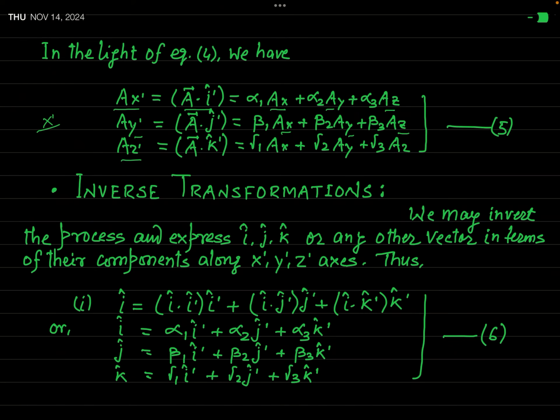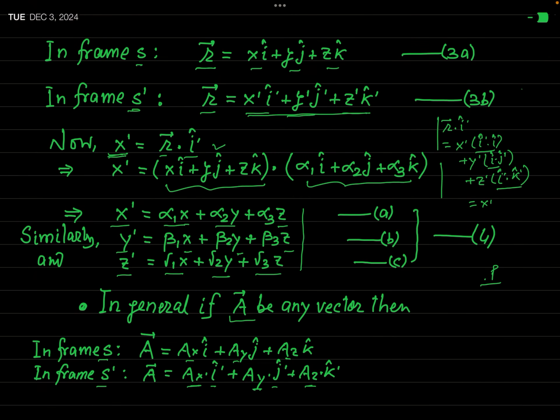Similarly, Az dashed will be equal to A dot K dashed, and that is equal to gamma 1 Ax plus gamma 2 Ay plus gamma 3 Az. You can check that equation 5 and equation 4 are completely identical.